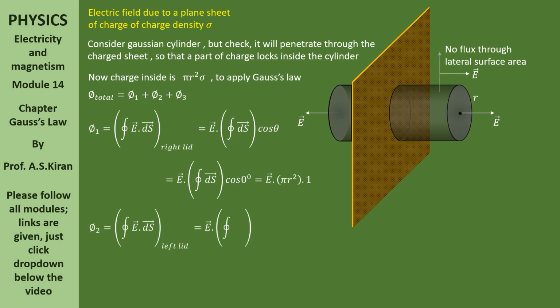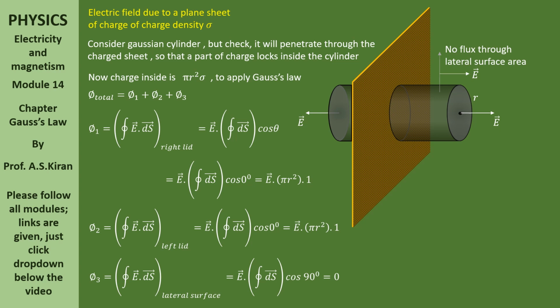Now phi 2 of left lid is same as that. So phi 2 is equals to E bar pi r square 1. But the direction is left side.